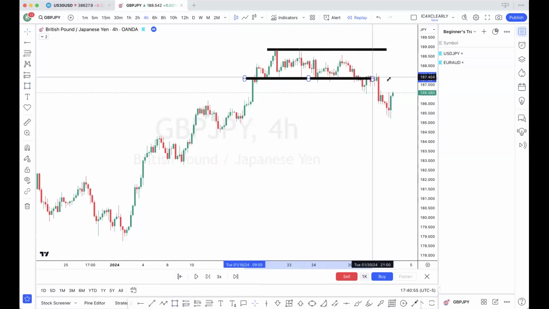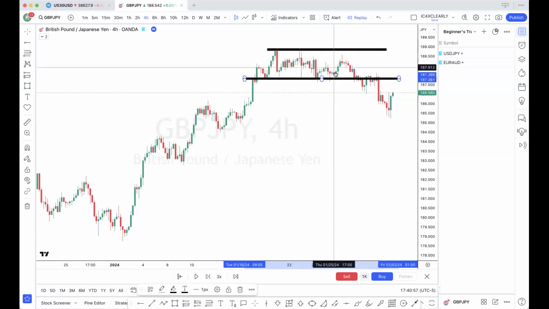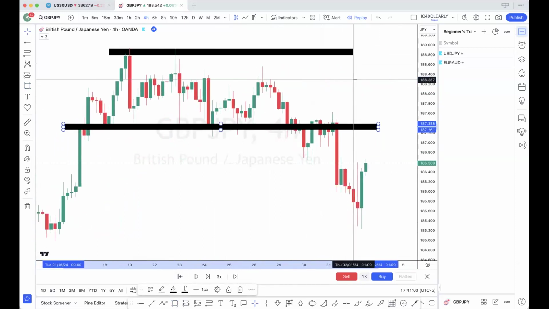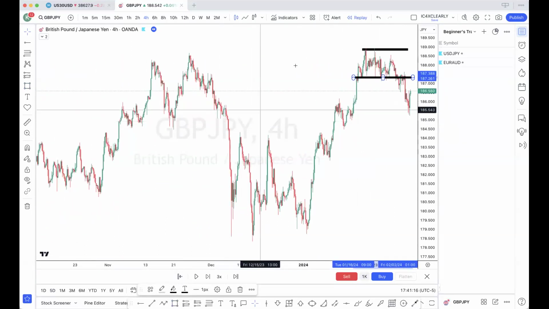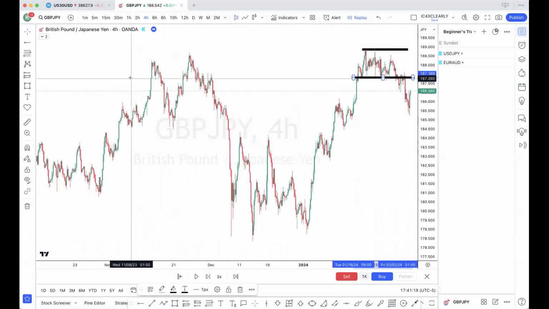So I personally was waiting for price to break this zone before going in for a sell, because now this has become a strong level of support. And I'm sure if I looked all the way over, it would be in alignment with some level of support and resistance.